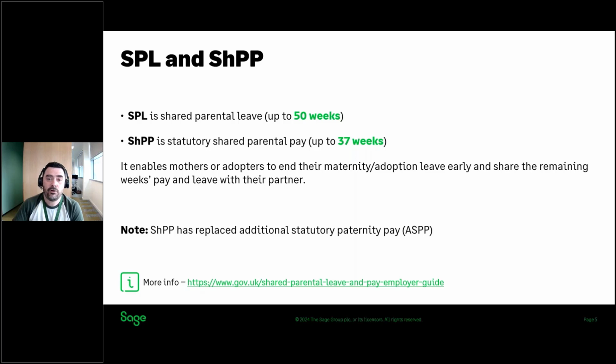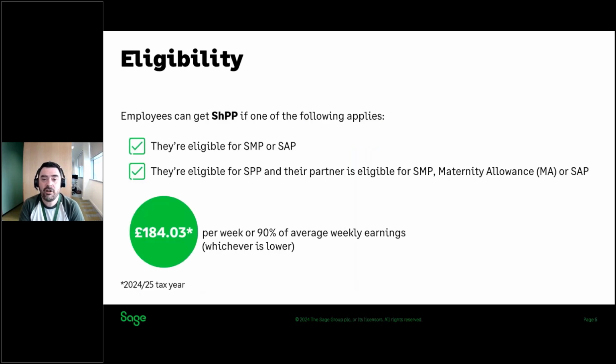Now, eligibility for shared parental pay is very much linked to the original statutory payment the employee would have received. So an employee would be entitled to SHPP if one of the following applies. So either they themselves are eligible for statutory maternity pay or adoption pay, and they intend to share the remaining pay with their partner, or they are eligible for statutory paternity pay and their partner is eligible for either statutory maternity pay, maternity allowance, or statutory adoption pay.